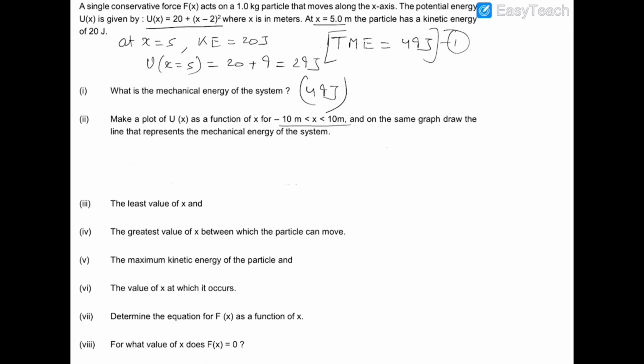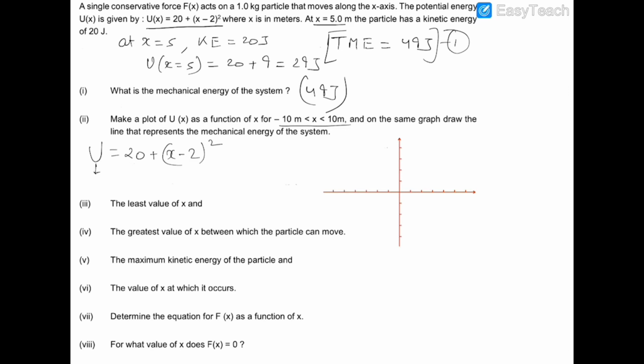So you can see that this relationship, U is equal to 20 plus (x minus 2) whole square, is a relationship of a parabola.